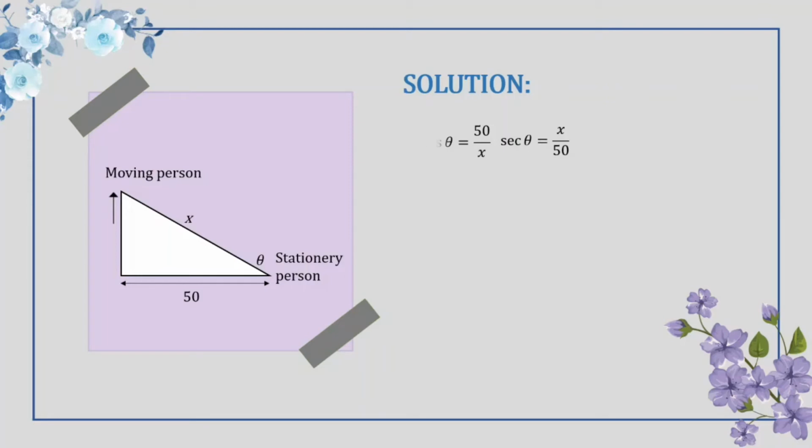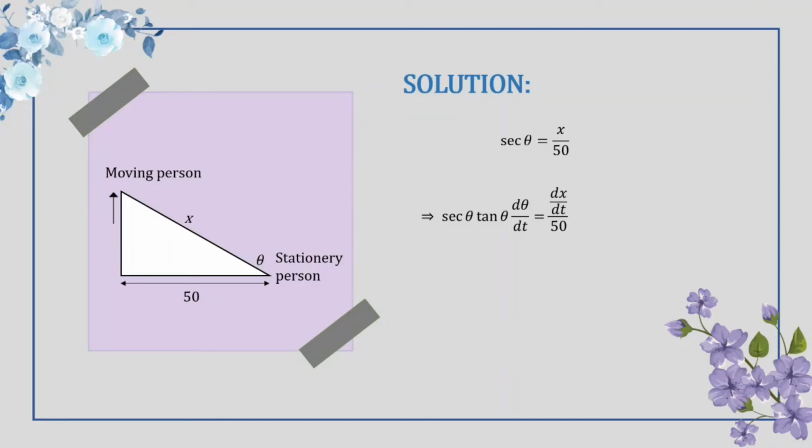So let's differentiate that formula, which would be secant theta times tan theta times d theta over dt equals dx over dt divided by 50. As noted, there is no x in this formula. We want to determine dx over dt, and we know that theta equals 0.5 and d theta over dt equals 0.01.